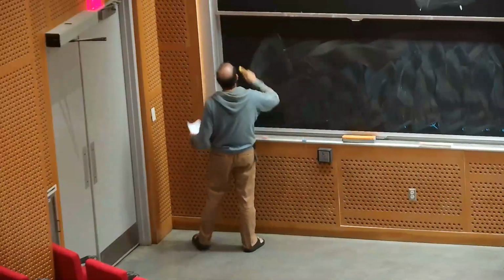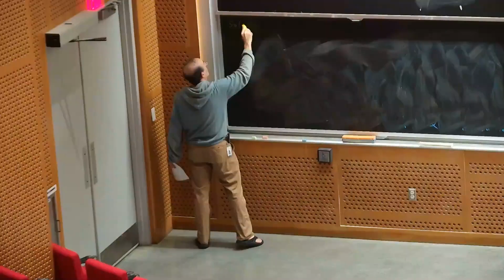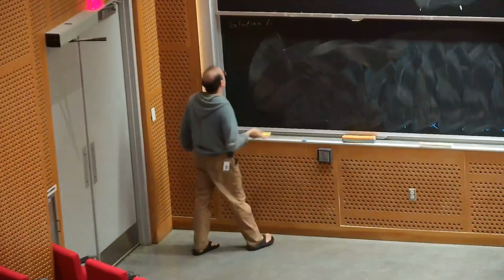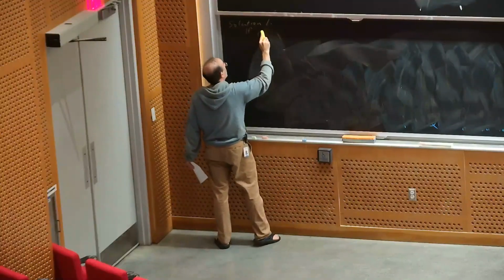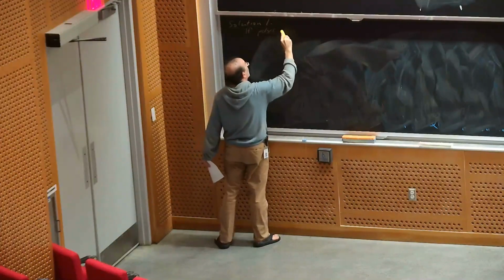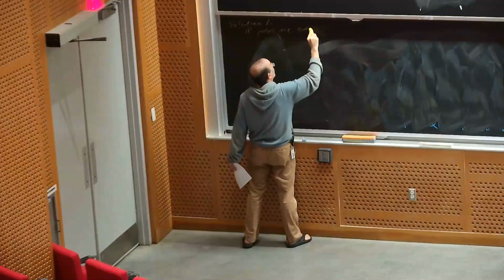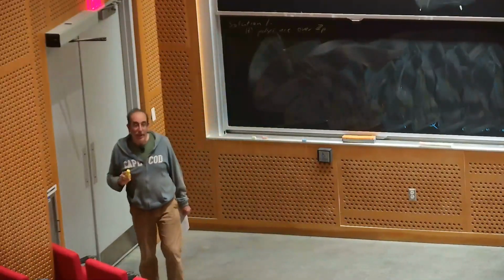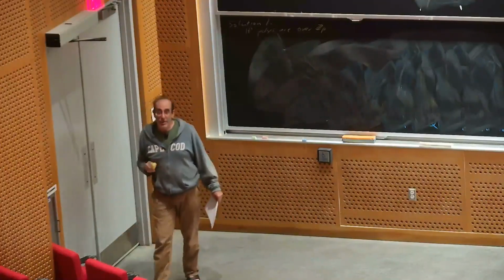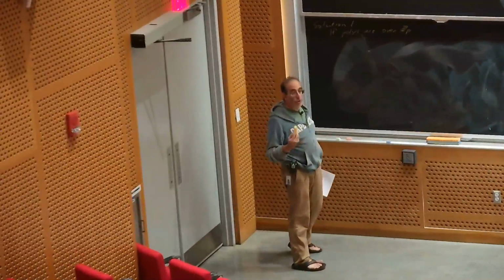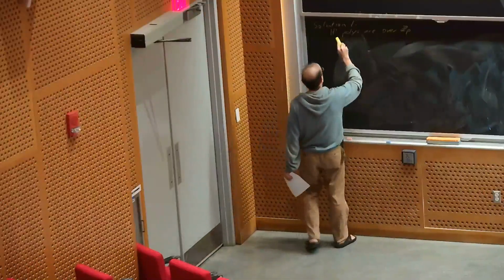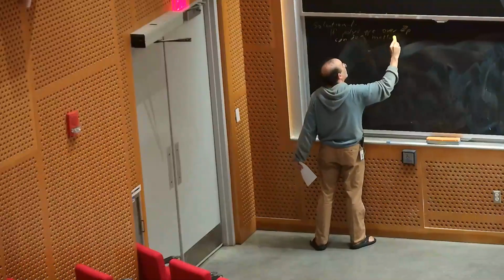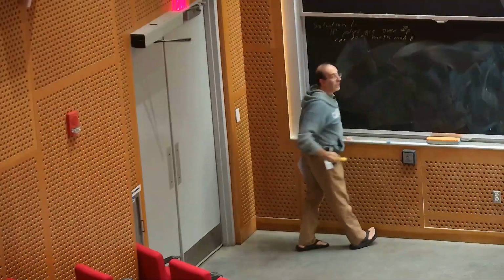Two possible solutions. So one solution, if the polynomials that we're working with are polynomials over Z_p, which is to say polynomials over a finite field, then we can do all the math mod p.